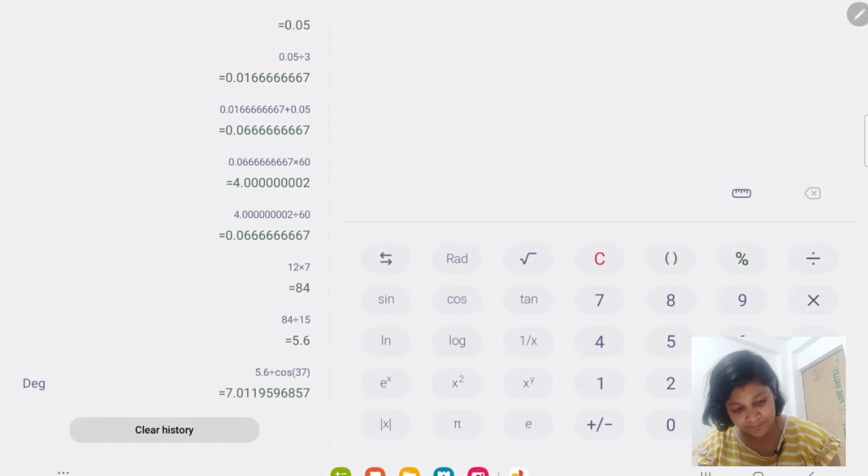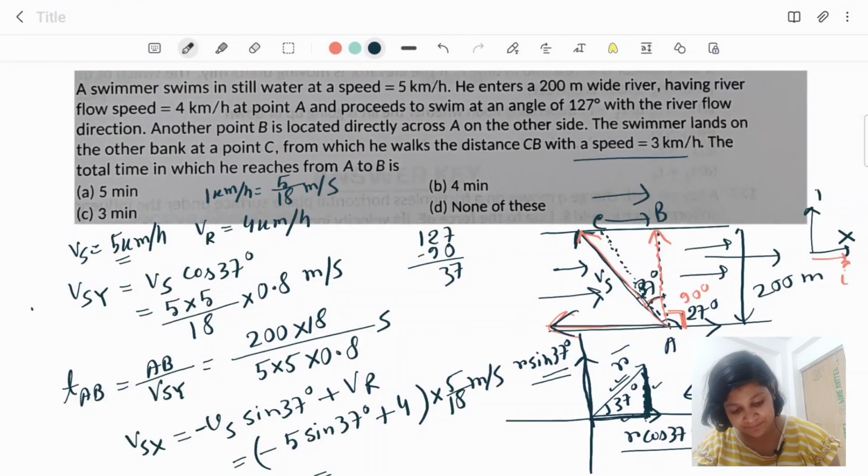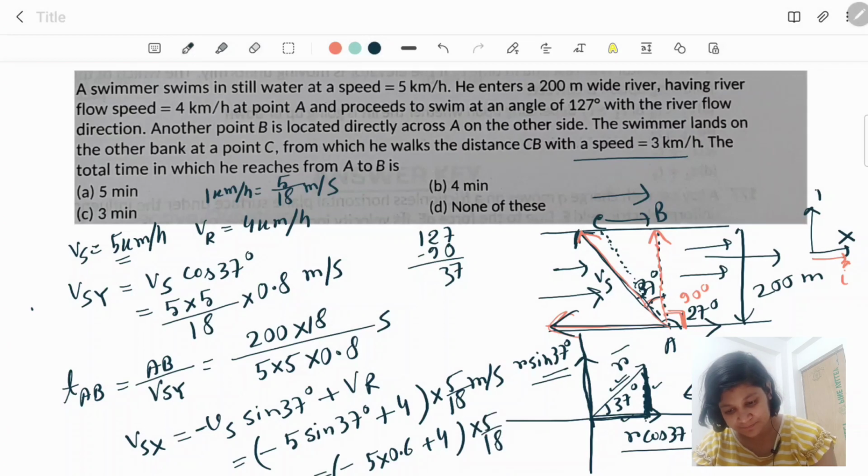Now sine 37 degrees is 0.6, so this becomes 5 into 0.6 plus 4, into 5/18 meters per second.